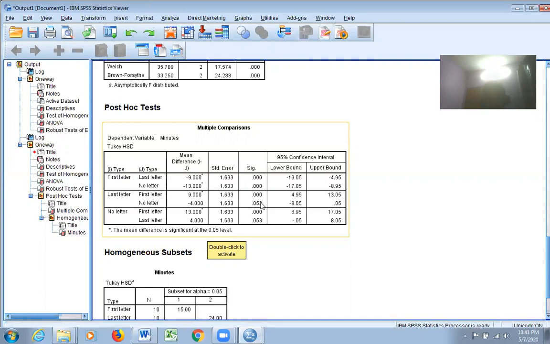But in respect of the groups last letter and no letter, there is no significant difference because the sig value is more than 0.05. So there are significant differences between two pairs of respondents. First letter, last letter, there is a difference. First letter, no letter, there is a difference. But there is no difference between last letter, those who got the last letter, and those who did not get any letter as a hint.